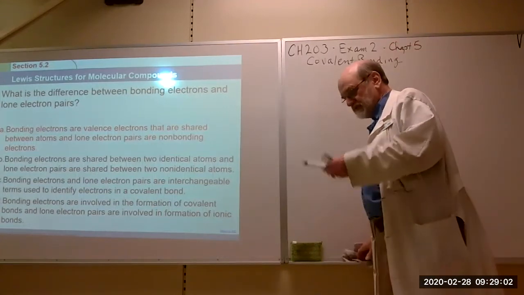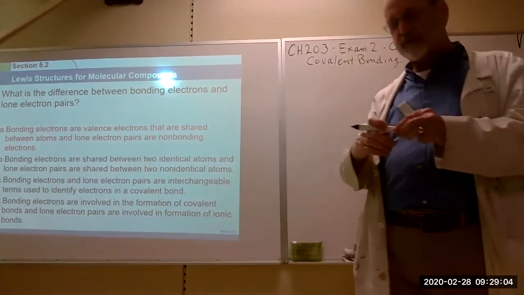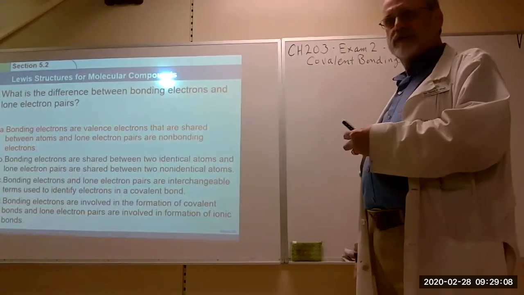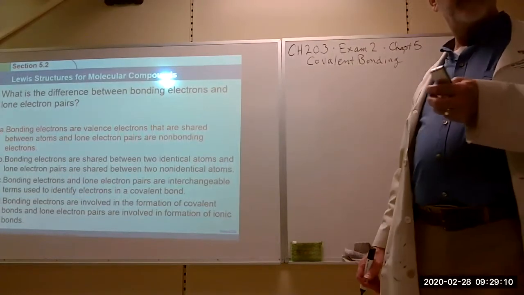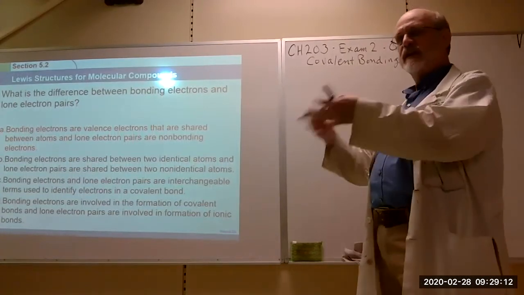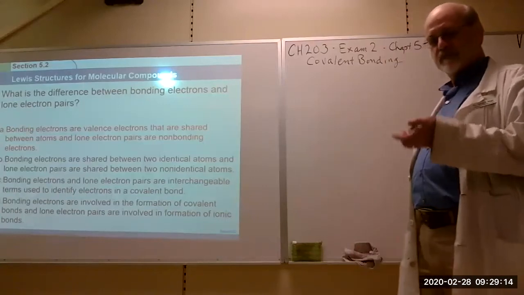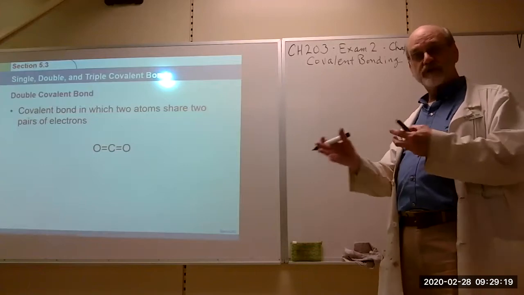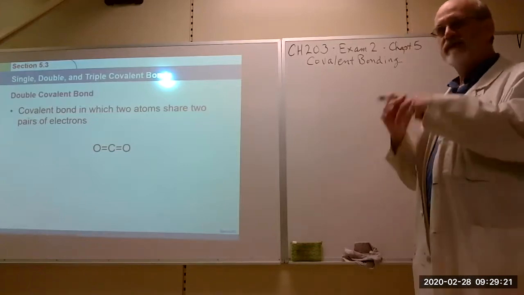So just a word of warning, don't get confused. If you see something up there and say, wait a minute, that's not all the electrons. Well, it's on purpose. We're only interested in the ones that are available for bonding. We don't have to use all of them, right? But some of them bond, some of them don't, but they are all valence electrons.